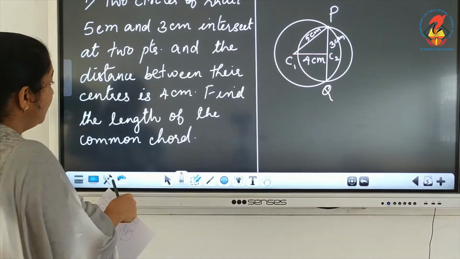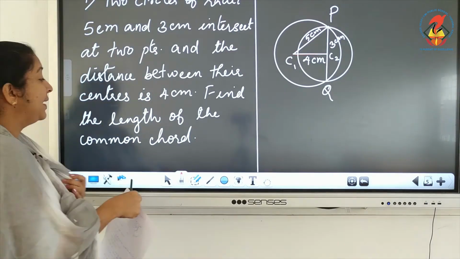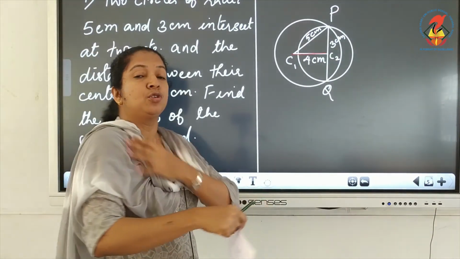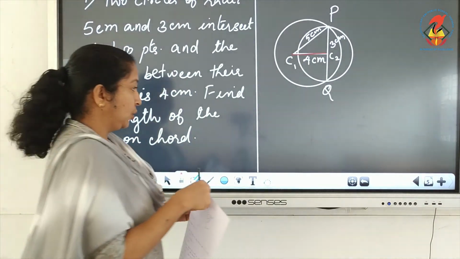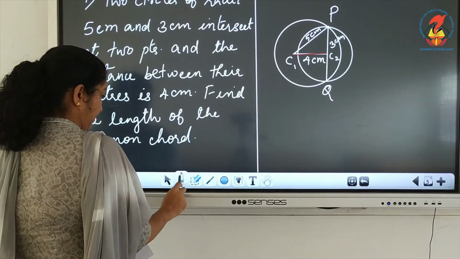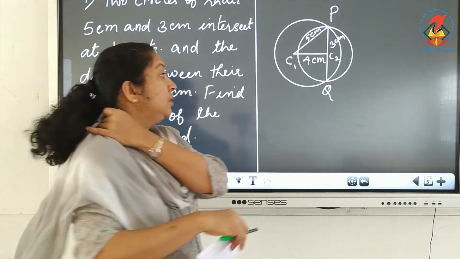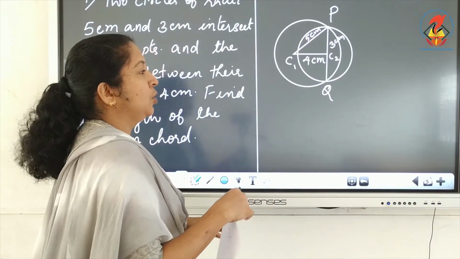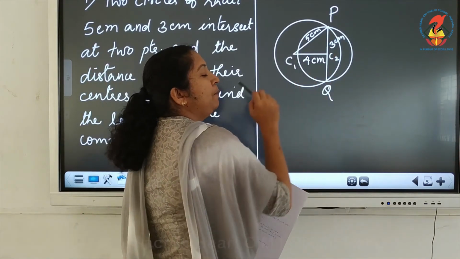What do we have to find? The length of the common chord. Which is the common chord here? PQ is the common chord. We have to find the length of PQ.